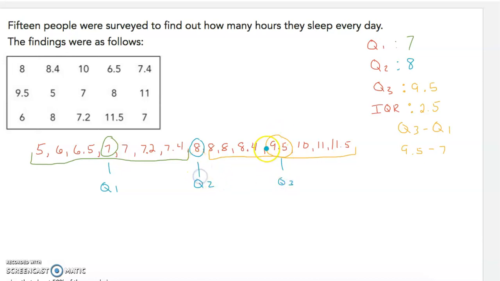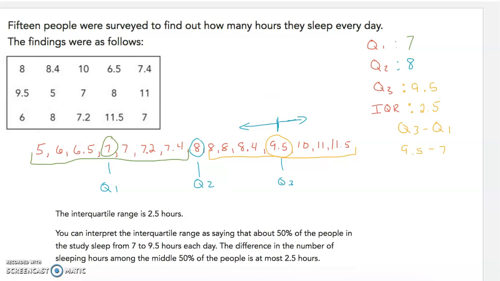So I could say that 75% of the people in the study slept 9.5 hours or less. So here's my 9.5. And if I look at all these people going in this direction, there's 3 sections, and each section is 25%. So I could say 75% slept 9.5 hours or less, or I could say 25% slept 9.5 hours or more.